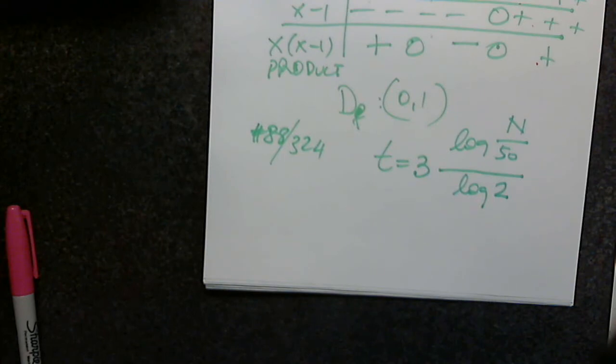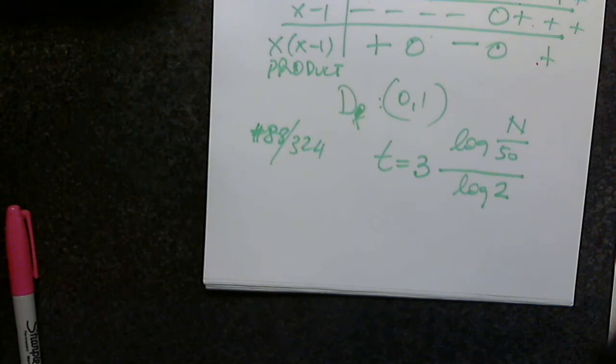Let's see what they want. A certain strain of bacteria divides every 3 hours. If a colony started with 50 bacteria, then the time t in hours required for the colony to grow to n, uppercase N bacteria, is given by this. Find the time required for the colony to grow to 1,000,000 bacteria.